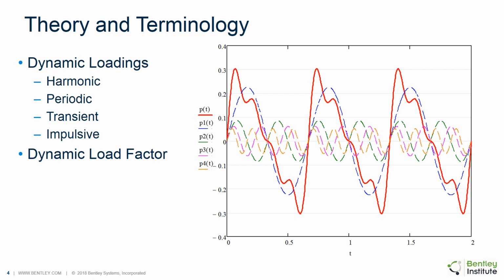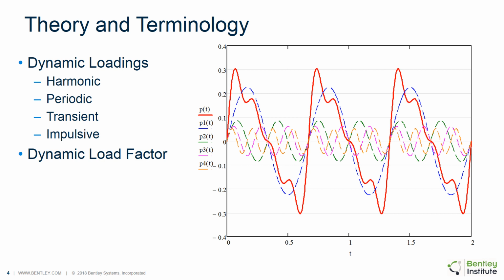Let's turn our attention for a minute to dynamic loadings. Dynamic loadings differ from static loadings in that static loadings tend to cause the structure to deform, but not necessarily to vibrate. So dynamic loadings are variable in nature, and they can often be expressed as a fraction of the static load. But as you can see, there's a few different ways here we can describe these variable dynamic loadings.